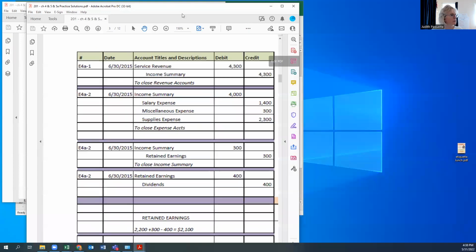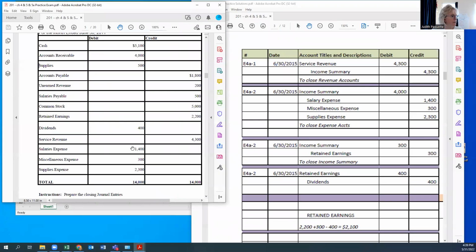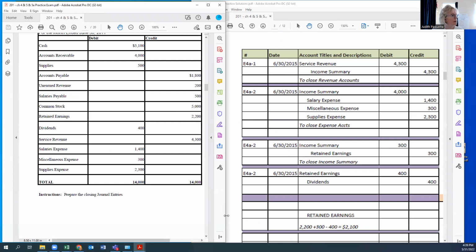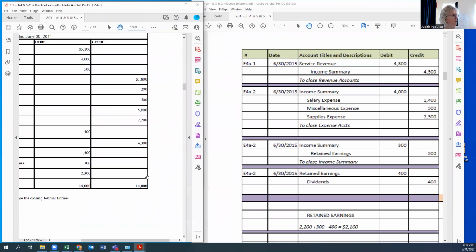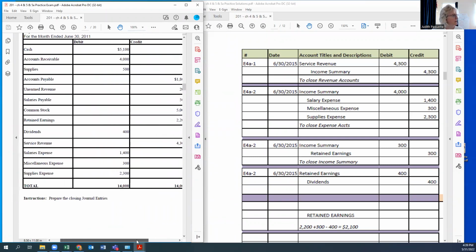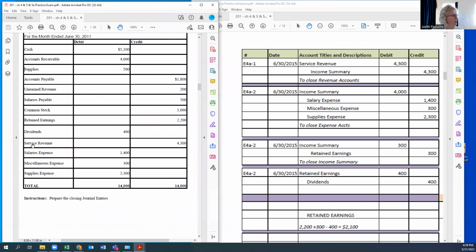In closing the revenue accounts, if you have one, like we do in this first example, I'm going to try and do this side by side. Here you can see we have 1 revenue account. If we had 2, we'd list both of them.